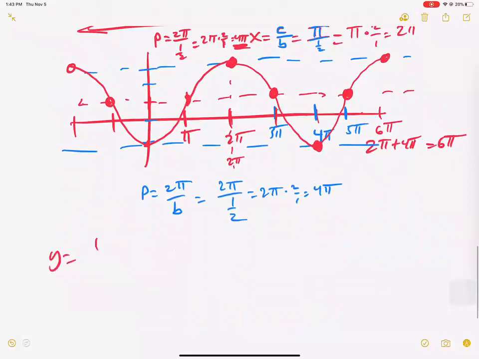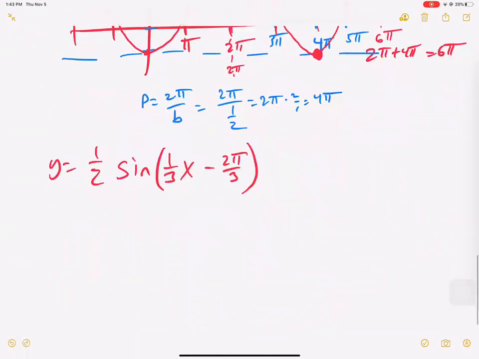Y is equal to 1/2 sine of 1/3 (X minus 2 pi over 3) plus 0. This one is ugly, okay? I did it on purpose. So let's label our A, B, C, and D. A is equal to 1/2.